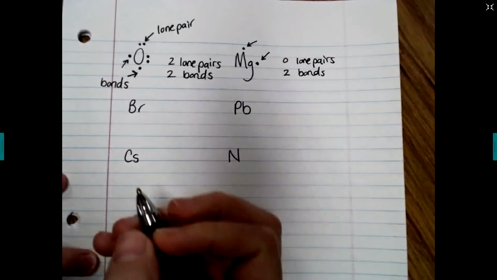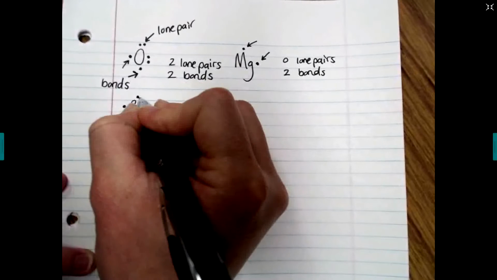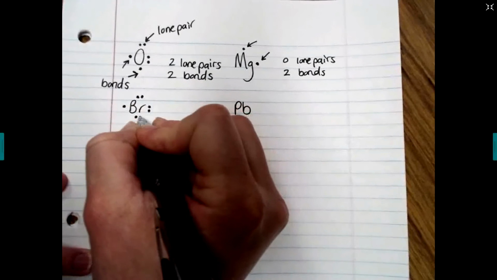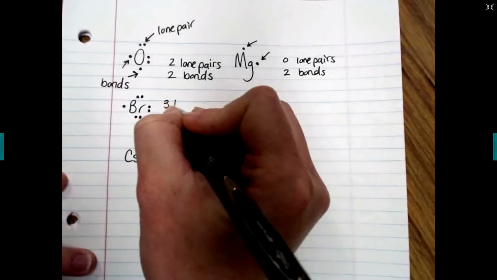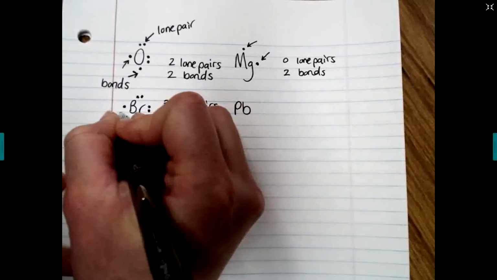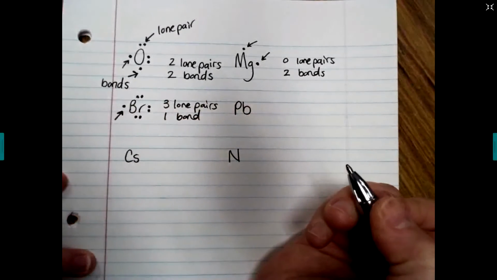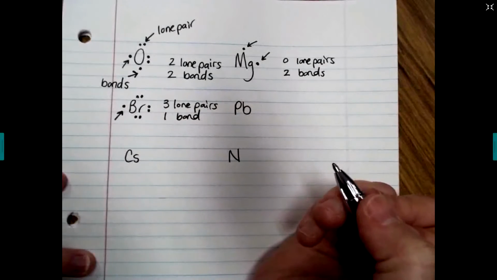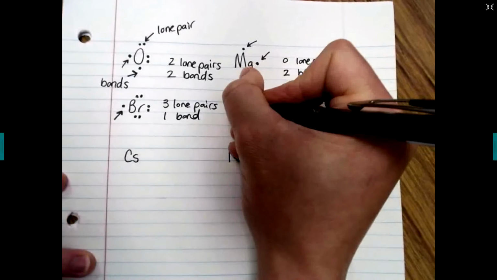Bromine has 7 valence electrons, so 1, 2, 3, 4, 5, 6, 7. So you can see that bromine has 3 lone pairs, and it has 1 spot available for bonding, so it can form 1 bond.